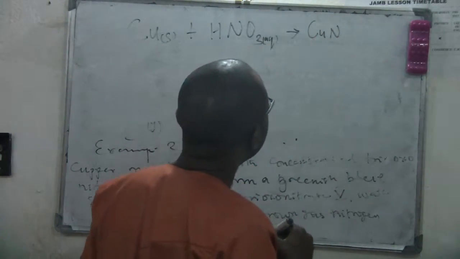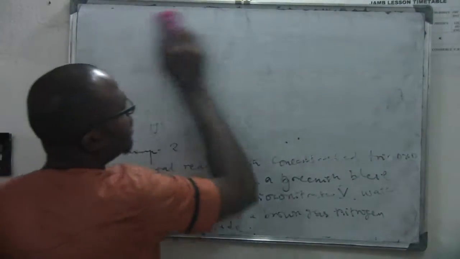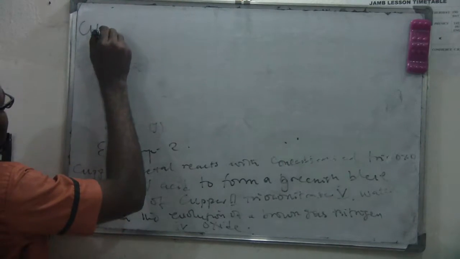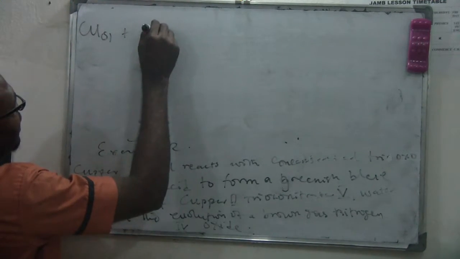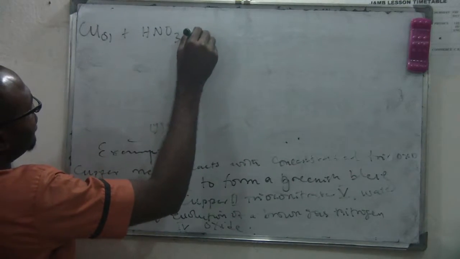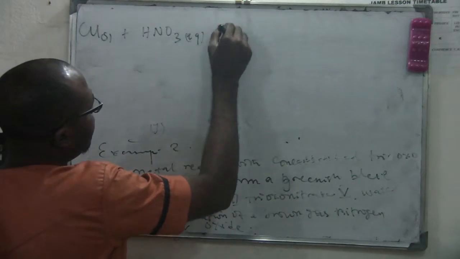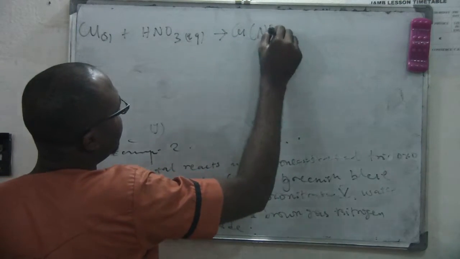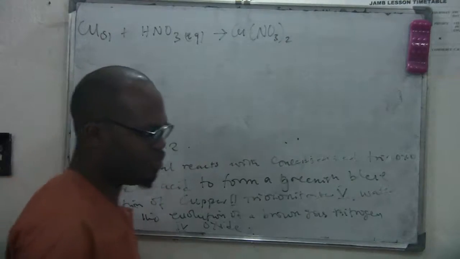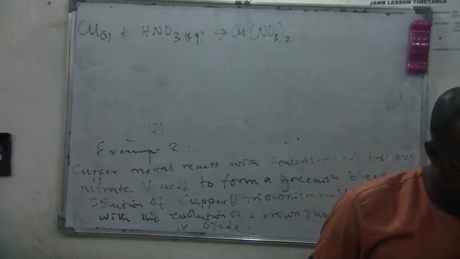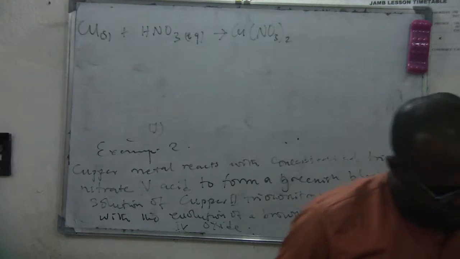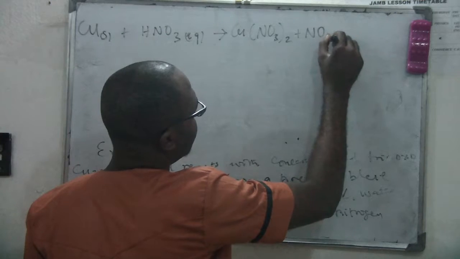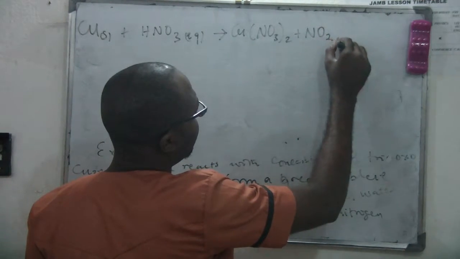Let me start from the beginning to write it so that one line can contain it. I have copper plus HNO3 in aqueous state to give Cu(NO3)2, which is copper(II) trioxonitrate(V), NO2, which is nitrogen(IV) oxide, a gas.